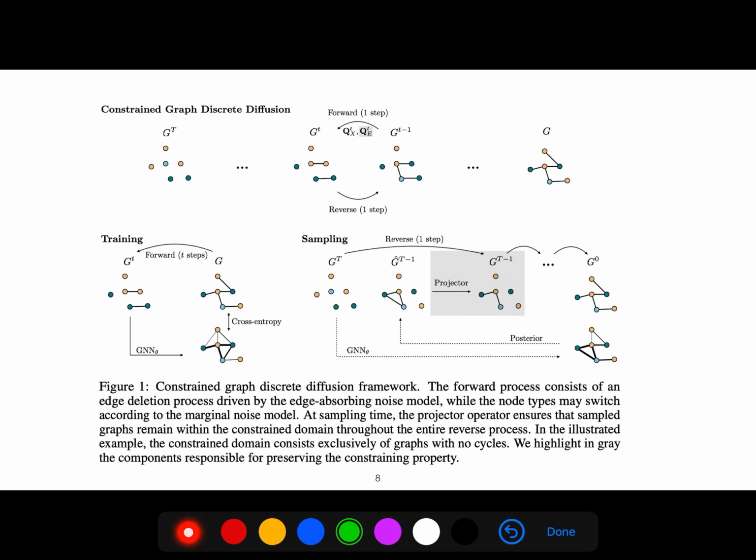And this is the constrained graph discrete diffusion framework. The forward process consists of an edge deletion process driven by edge-absorbing noise, while node types may switch according to the marginal noise model. Do you know why we say all these absorption here in this context? Because absorption, generally, even in dynamical systems, you have an absorbing subspace.